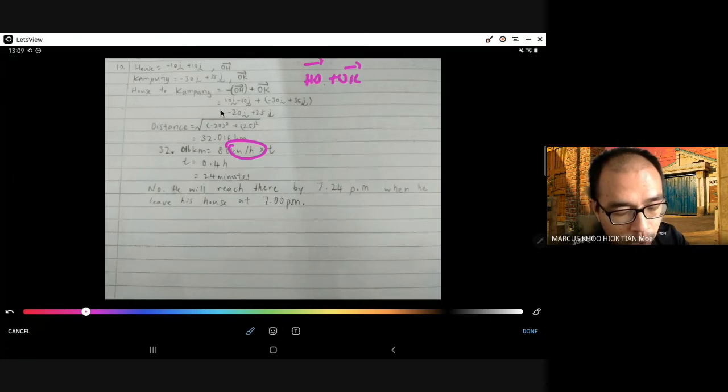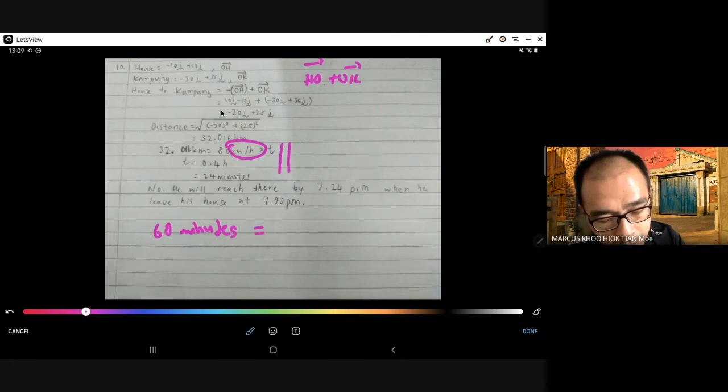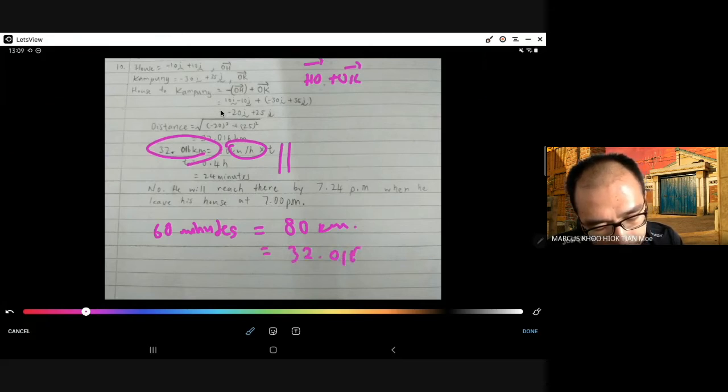So one way of thinking about this, if you don't want to write it like how this group did it, you can think about it in terms of like this. If 60 minutes is 80 kilometers, because 80 kilometers sejam is 80 kilometers per hour, this is 60 minutes lah. Now you have 32.016 km.